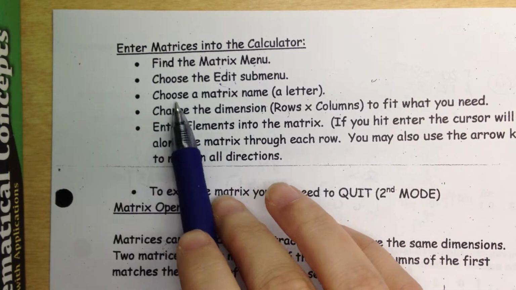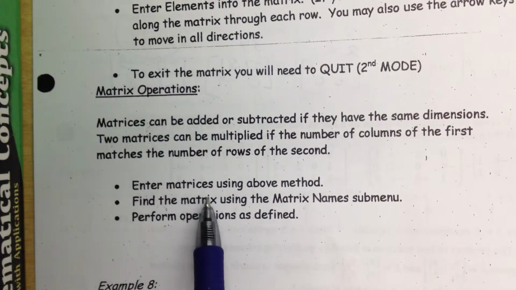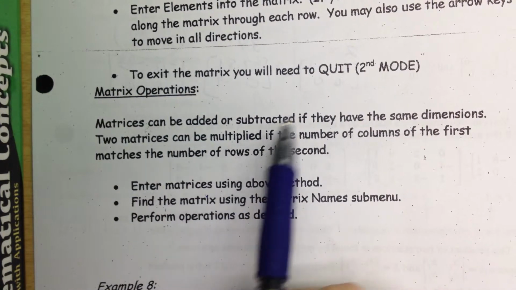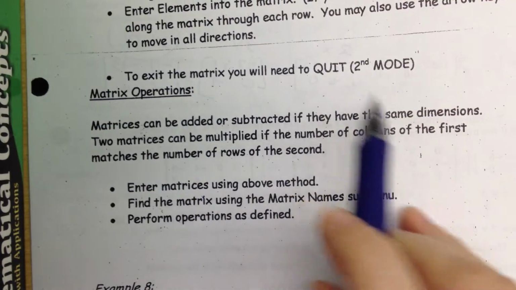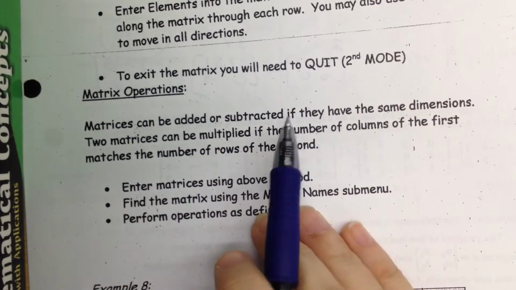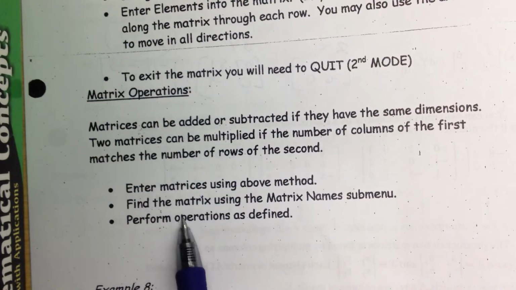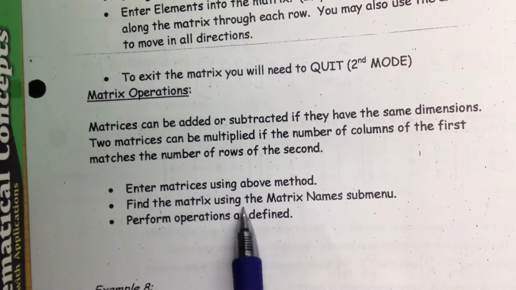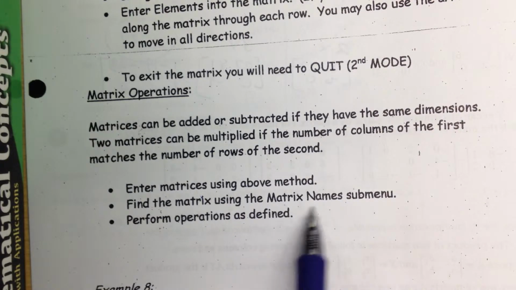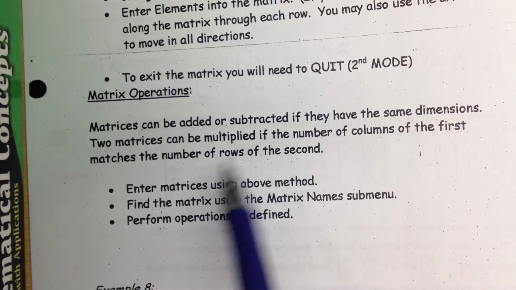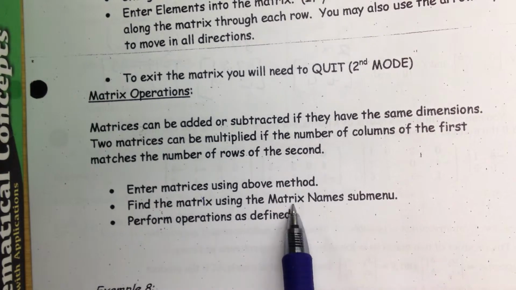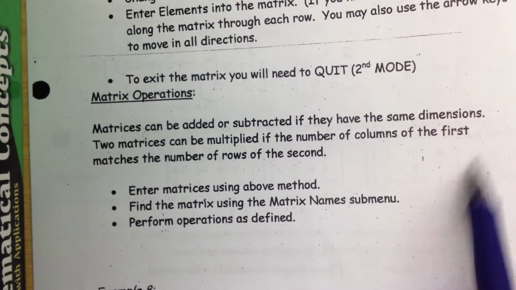Quit out of it. To use them, like to add them, you would use edit and enter in the data for matrix A and then enter in the data for matrix B. Then you would go into your matrix menu again. The first menu is the names menu, so you would select the one you want, like matrix A, and then it would take you out to the main menu. You'd say plus and then matrix B.